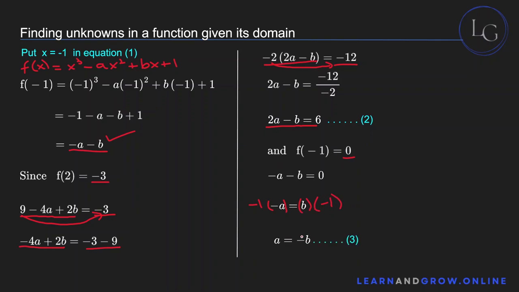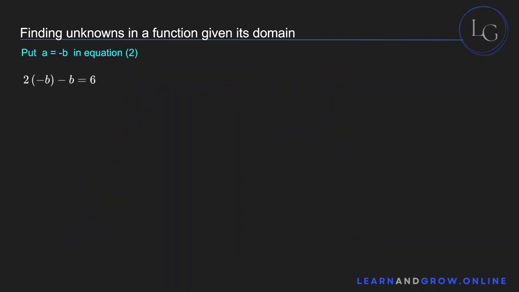Now plug in this value of a, which is equal to negative b, in place of this a. And so you get 2 into negative b minus b is equal to 6. So minus 2b minus b is equal to 6. So minus 3b is equal to 6. Take this negative 3 to the right hand side and divide it. So 6 over negative 3 is equal to negative 2.